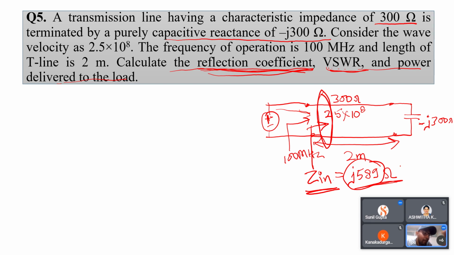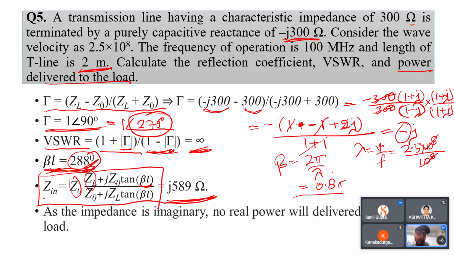But as the source is seeing imaginary impedance, no power will be delivered to the load. That's how you can calculate the value of load power. So here basically the load power is 0, the real value will be 0. So any doubt in this question?